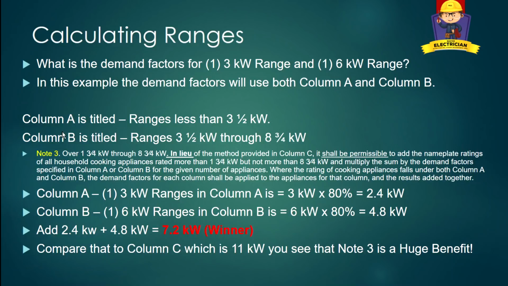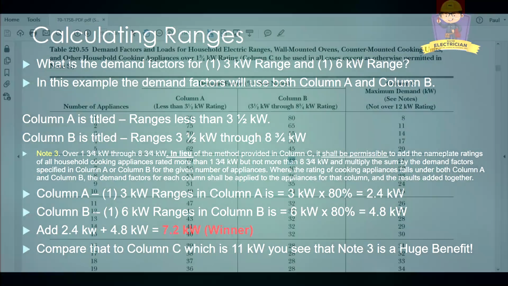So we've got an A and we have a B. Column A is one range at 3 kW, and under that, we saw that for one range, it would be 80%. And the 6 kW range under column B would be 80% as well. Now let's double check these because we want to make sure we have that right.